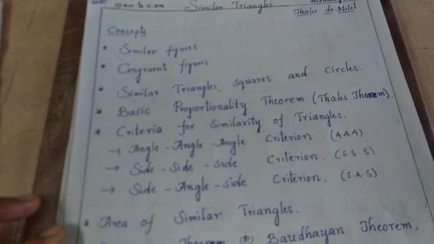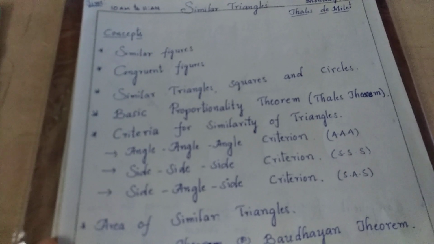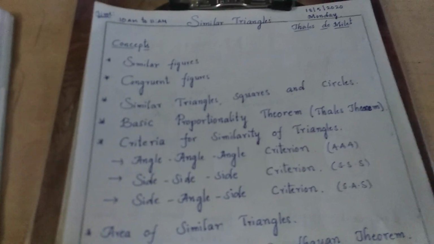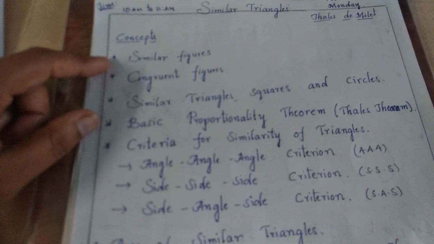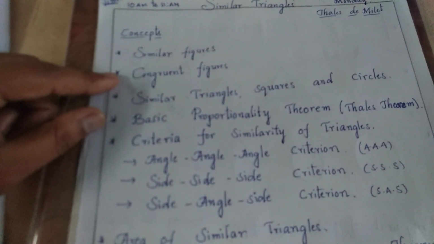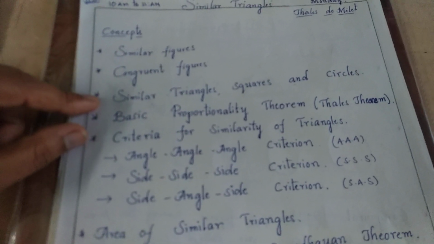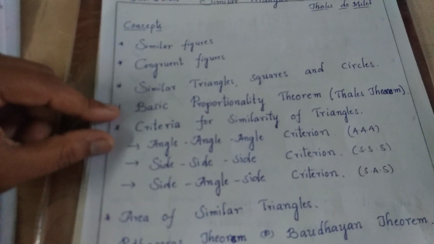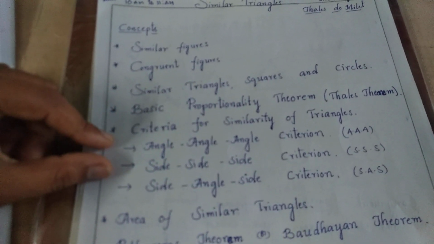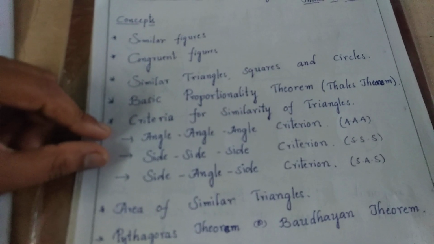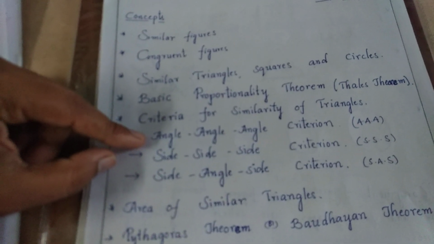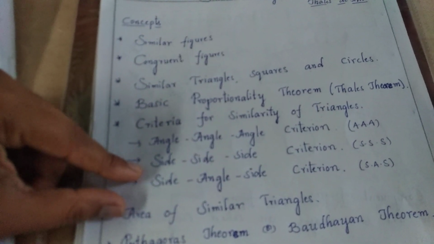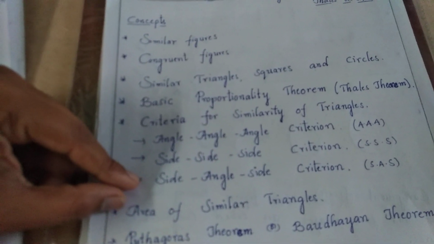I would like to explain the major concepts in similar triangles. First concept is similar figures, congruent figures, similar triangles, squares and circles, basic proportionality theorem or Thales theorem, criteria for similarity of triangles: angle criterion, side criterion, side angle criterion.